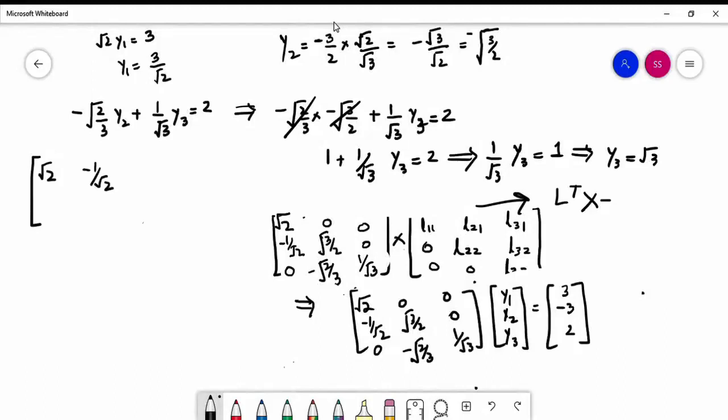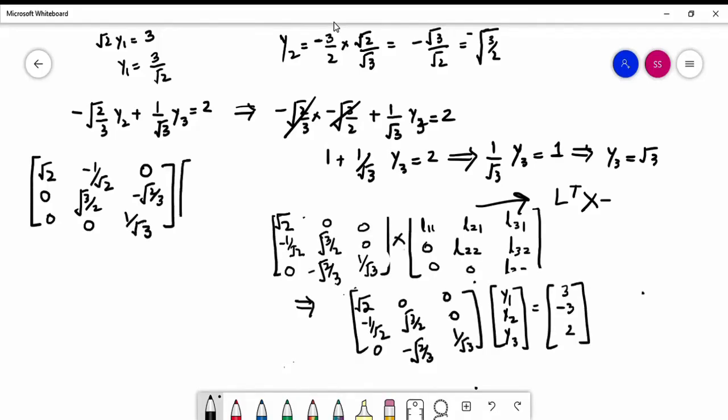Basically I have to take this L transpose, so [√2, -1/√2, 0; 0, √3/2, -√2/3; 0, 0, 1/√3] into x.